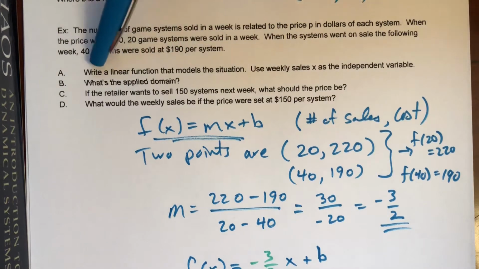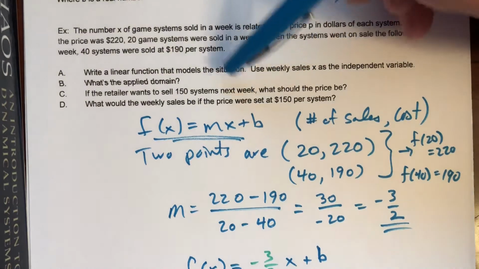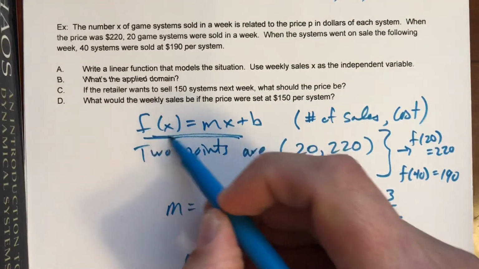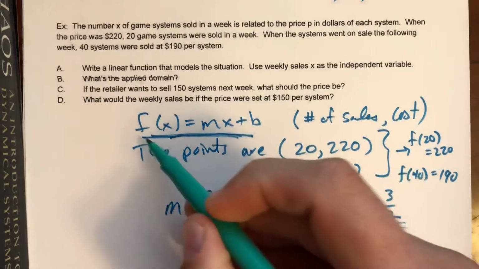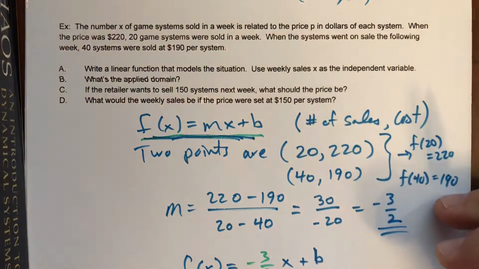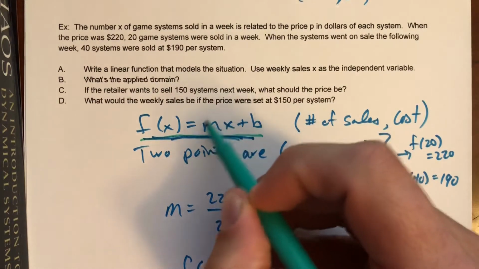All right, so write a linear function that models the situation. We got done with this part. What we did was we said, okay, I know that any linear function has to look like this. So we said, I've got to find this m.